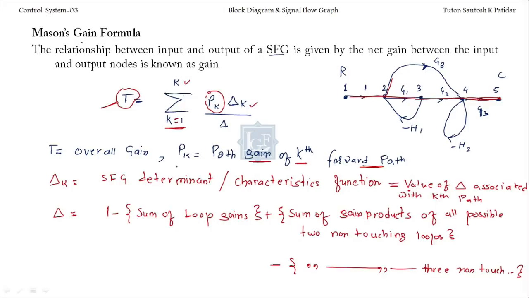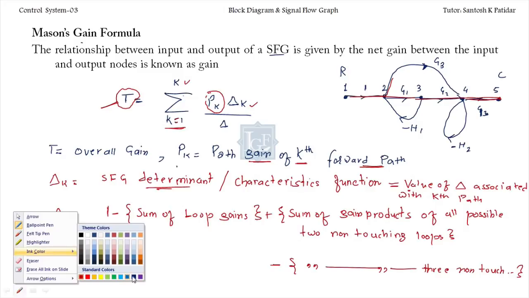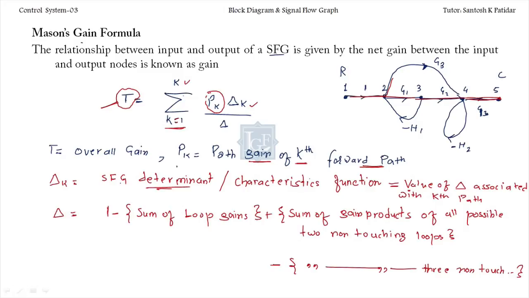What is this del k? First you need to understand what del is. Del is the SFG determinant or characteristic function of the given diagram. Here we have two things, del k and del.